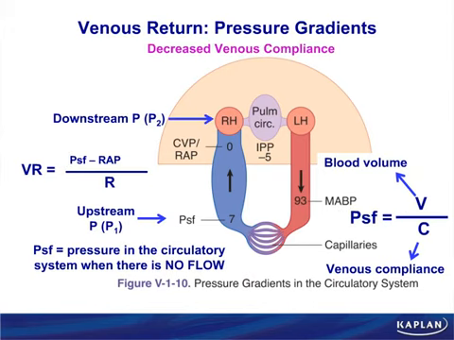So decreasing vascular volume reduces venous return. All right, now let's just apply, looking at the mathematics of it, a decrease in venous compliance. If venous compliance goes down, and how do I reduce venous compliance? Muscle pump, engaging the muscle pump, more specifically sympathetic venoconstriction. If compliance goes down, then PSF goes up. And once again, if PSF goes up, then that means venous return goes up.